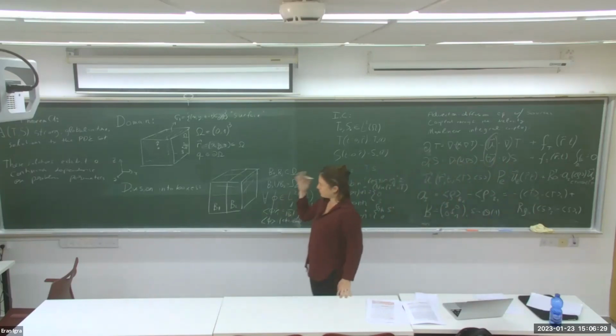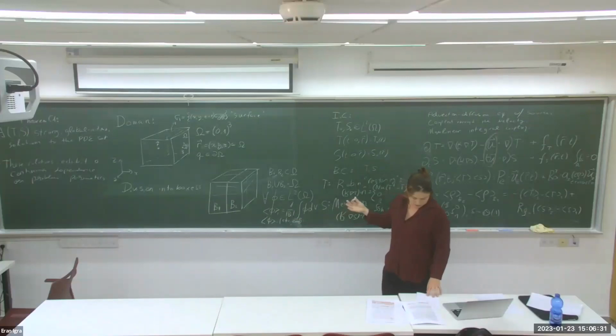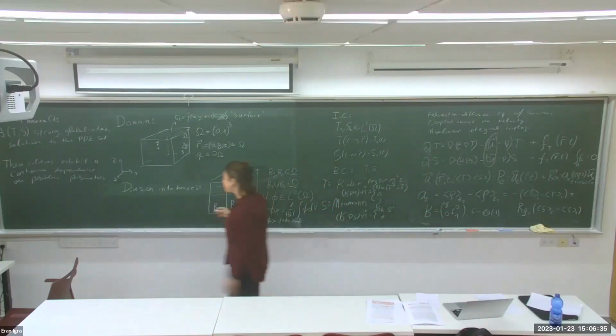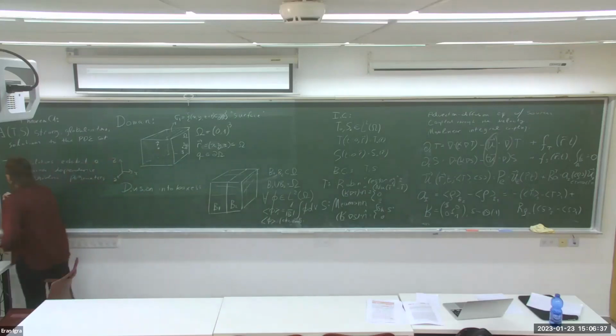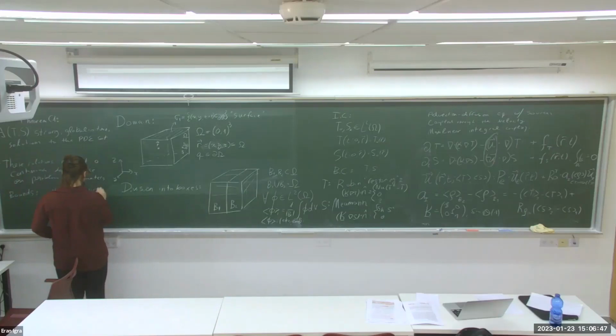So that is about continuity. We have also shown bounds on solutions, so we can actually say something analytically about the solutions. We can say something about the L2 norm of T and S, the H1 norm.